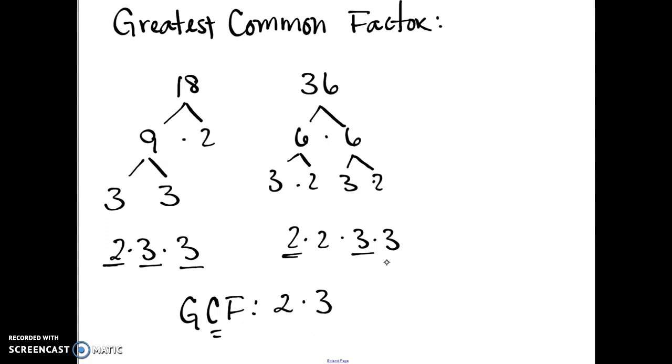And again, there is a 3 in 18 and a 3 in 36. So all of these numbers are common factors to both, and the greatest common factor is if I multiply them times each other. So 2 times 3 is 6 times 3 equals 18. And actually the greatest common factor to 18 and 36 is 18.